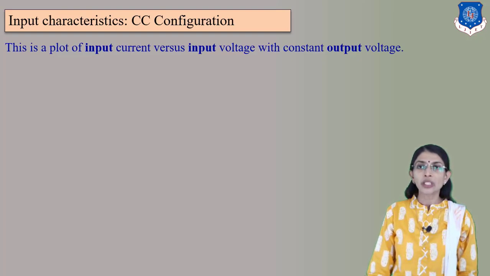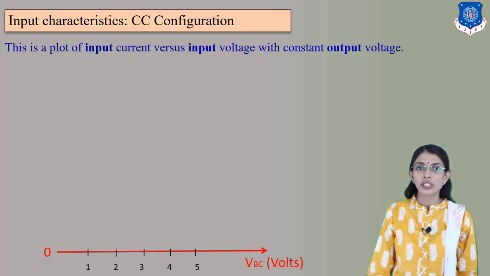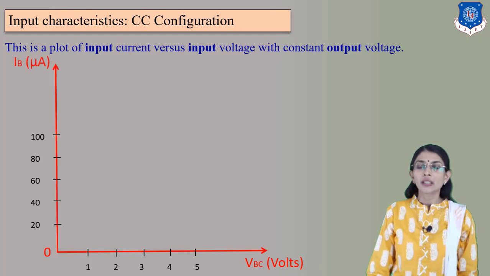So let's draw the graph. First draw the x-axis, that is input voltage. It is denoted by VBC and it is measured in volts. Then draw the y-axis, that is input current. The input terminal current is base current, so it is written as IB, and always IB is measured in microampere.